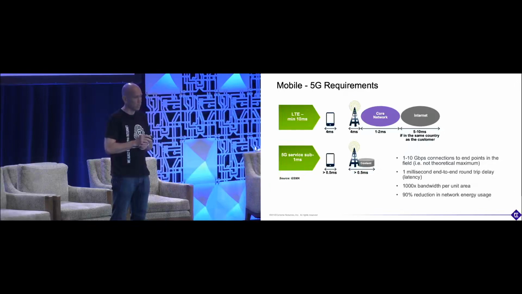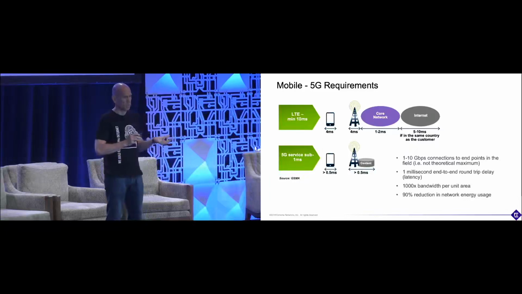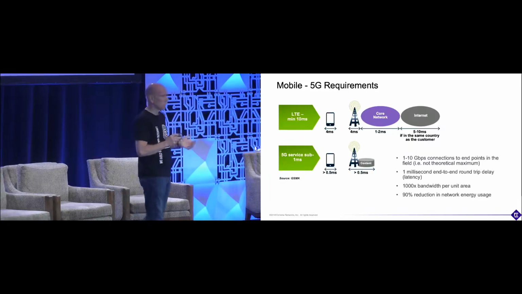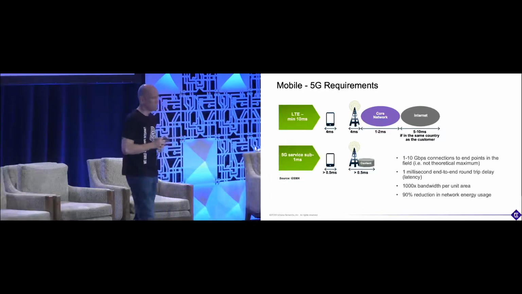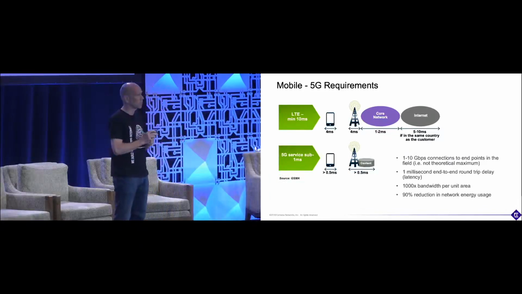And as I mentioned, my example for 4K, 8K video on your handheld, and this is per device. So you're going to see a huge increase in bandwidth, and obviously latency being another thing here as well. And then you start to look at a 1,000 times increase in the bandwidth per unit area, which means that you're starting to look at specific antenna arrays, all that stuff.